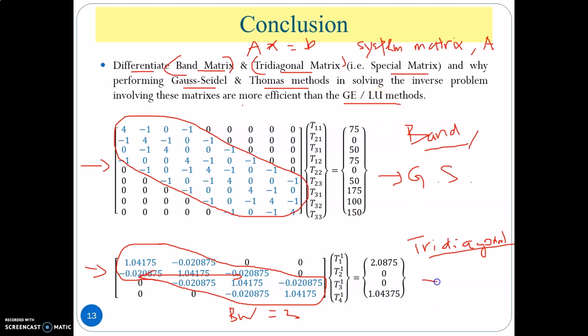We are using the Thomas algorithm to solve it. This is because Thomas algorithm can solve the inverse problem faster compared to the other methods in this case. So bear in your mind, if you solve the inverse problem that involves band matrix, go for the Gauss Seidel method. And if you solve the inverse problem that involves the tri-diagonal matrix, then you go for Thomas method.